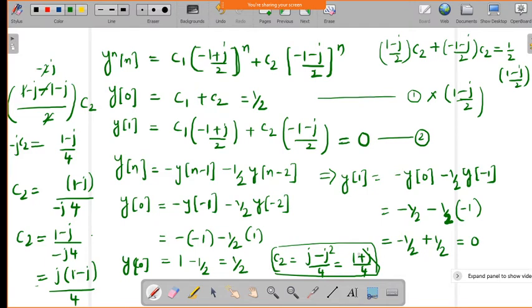Now find out what the value of C1 is. Take this equation and use the value of C2 here to find C1. C1 is equal to half minus C2, that is 1 plus j divided by 2. Sorry, this is 4, so 1 plus j by 4.